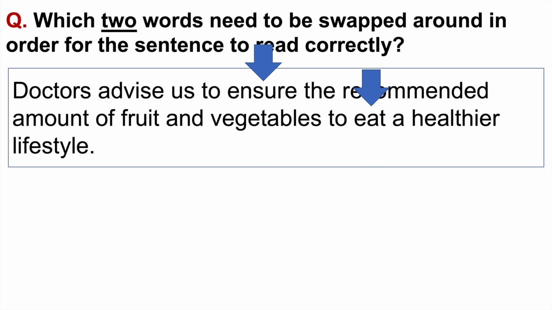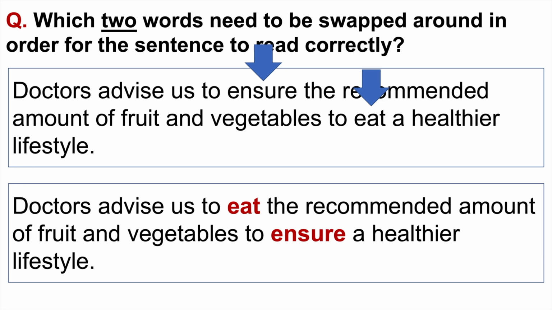So it's your task to identify which two words need to be changed around to make the sentence read correctly. So if we swap around ensure and eat, it now reads, doctors advise us to eat the recommended amount of fruit and vegetables to ensure a healthier lifestyle. So by swapping those two around, it reads correctly.